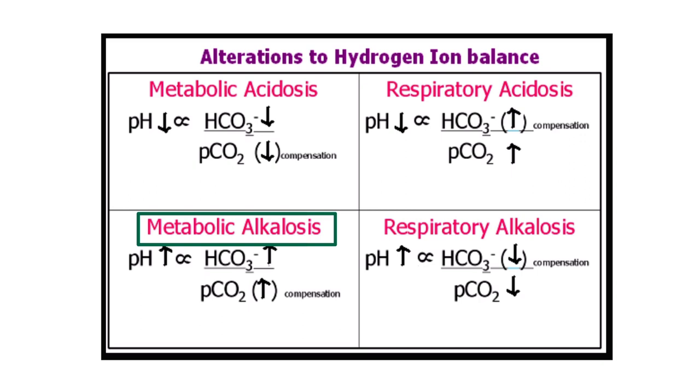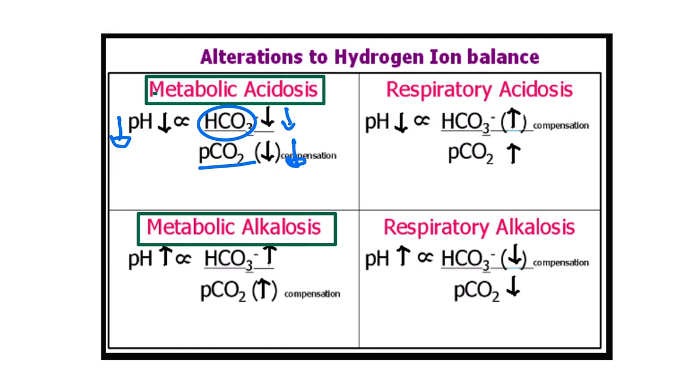So let's see here the metabolic acidosis and metabolic alkalosis. In case of metabolic acidosis, when the pH reduces, then bicarbonate and carbon dioxide both reduce. But the important point is that the bicarbonate level represents the metabolic part. So when a pH change occurs due to metabolic acidosis, it first affects the bicarbonate level, and when compensation occurs, then partial pressure of carbon dioxide responds and also reduces.